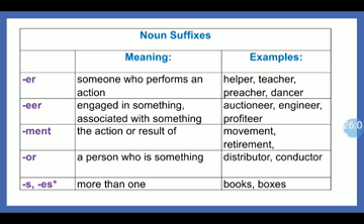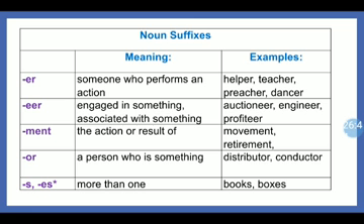Or, O-R. And this means a person who is something. So a doctor, a conductor, and there are many other words. Just looking at a few today. Whenever we see words ending with -s or -es, it means more than one.